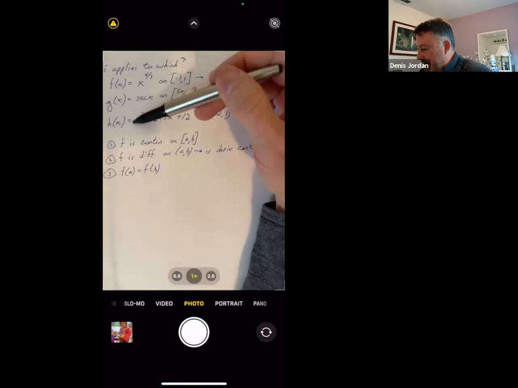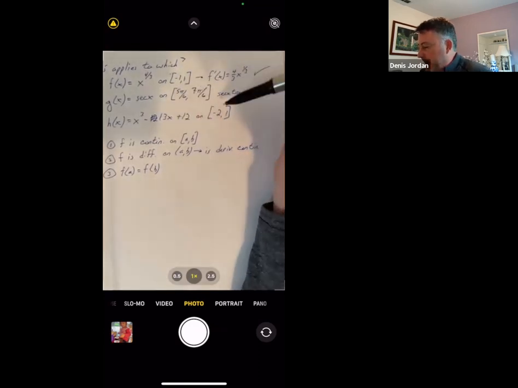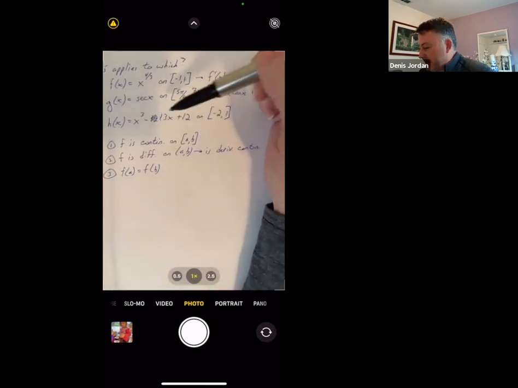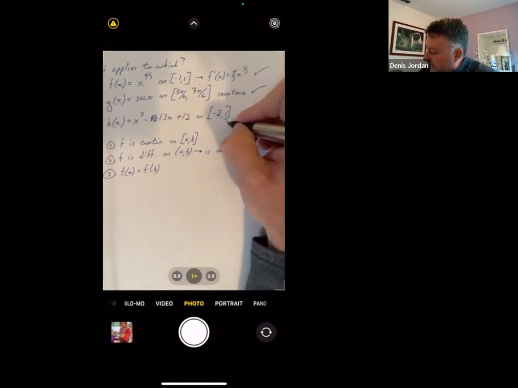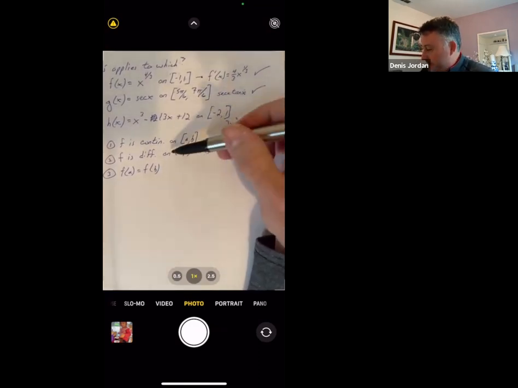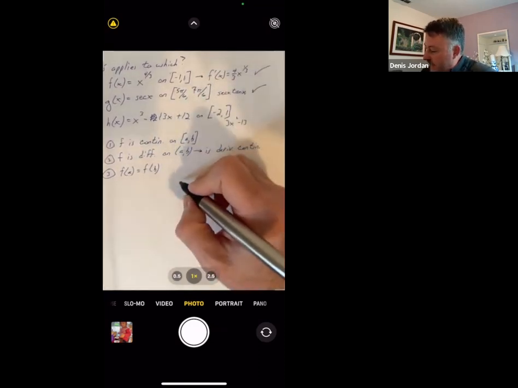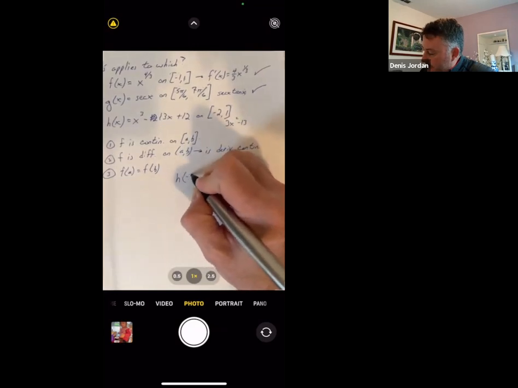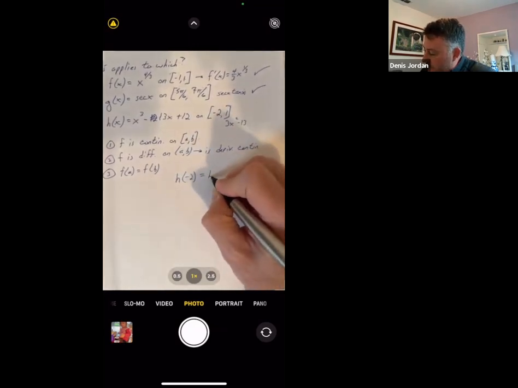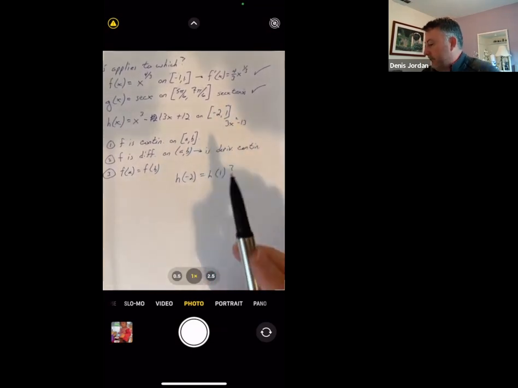Okay, then the third one is a polynomial, so it's guaranteed to be continuous on any interval. The derivative, 3x² minus 13, is still a polynomial, so it's also continuous, so it's differentiable. And then the last one, f of A equals f of B, is h of -2 equal to h of 1? You just have to plug it in.